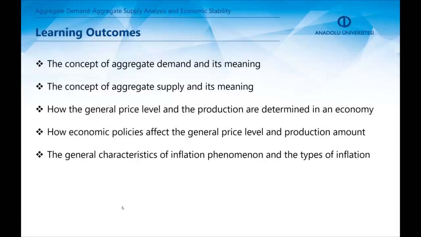After understanding this process, we will see how economic policies affect the general price level and production amount. For the last one, we will see the general characteristics of the inflation phenomenon and the types of inflation in the economy.